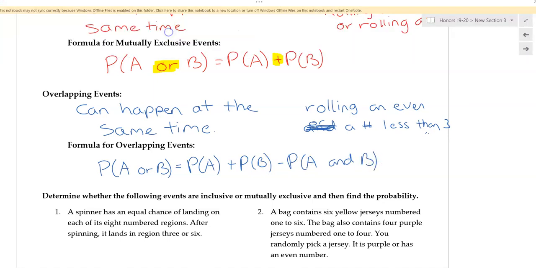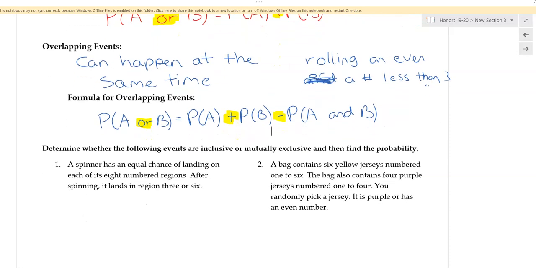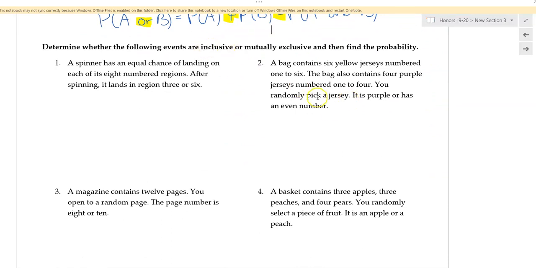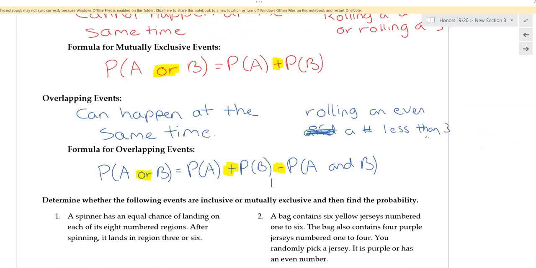So, or we still have addition. This one just also has a subtraction. So when we're finding the probabilities, we need to decide if these things are overlapping or mutually exclusive. Overlapping is also sometimes called inclusive, which is what I wrote here, I guess.